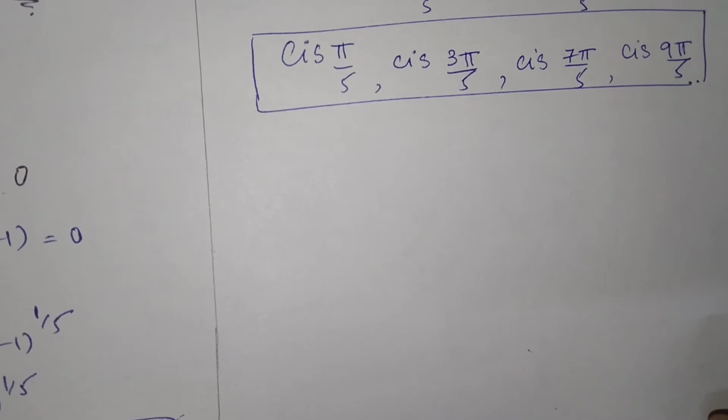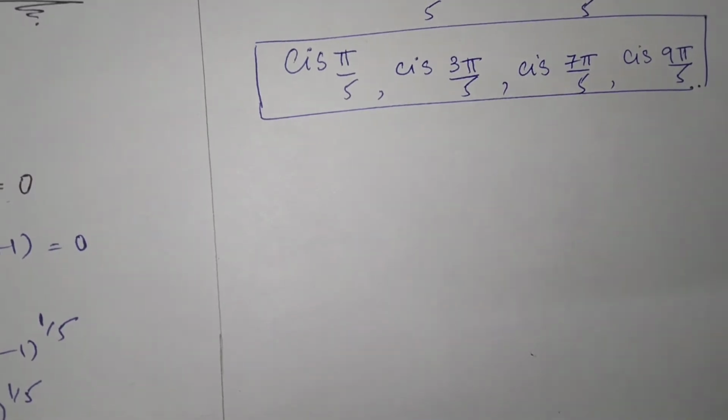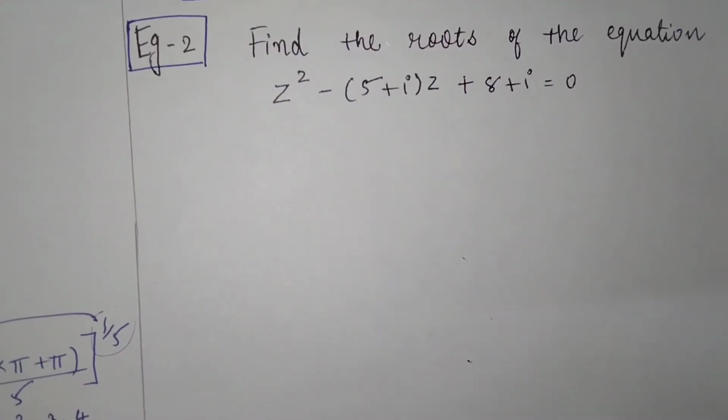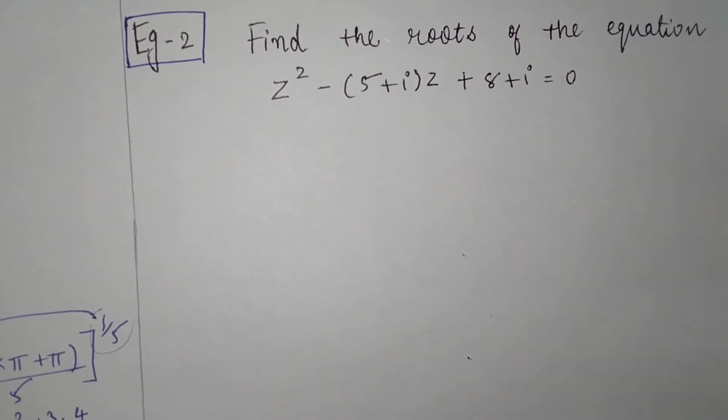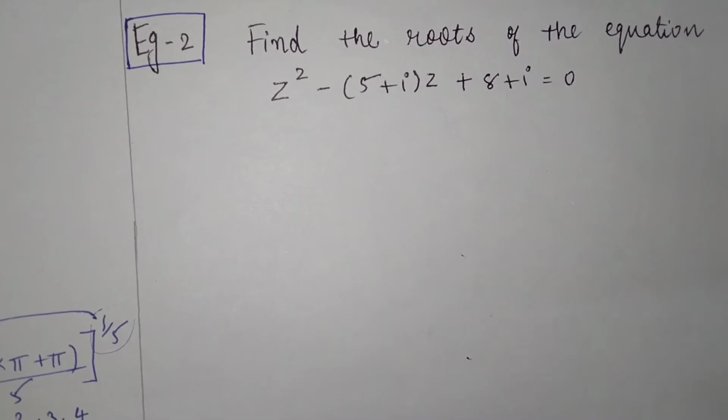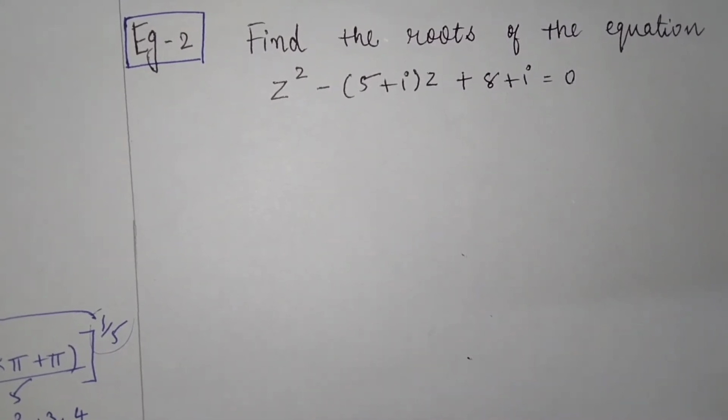So example 2. Find the roots of the equation z^2 minus (5 plus i)z plus (8 plus i) equal to 0.